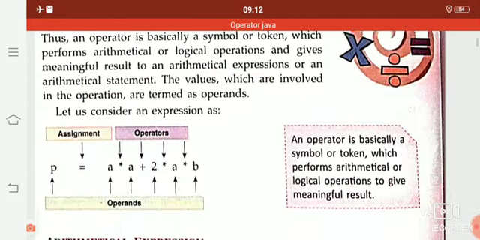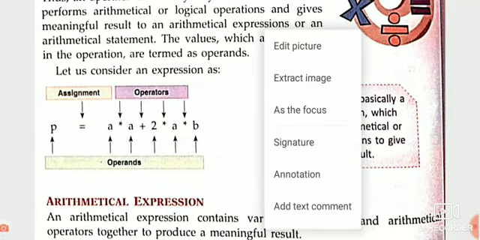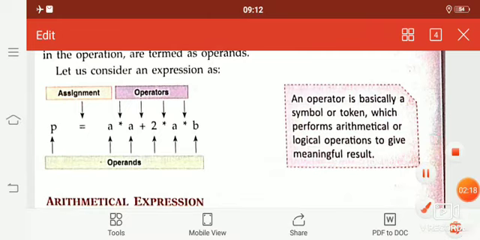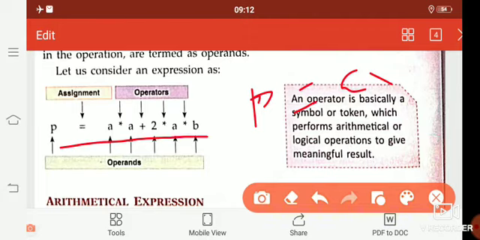The values which are involved in the operations are termed operands. Like in this statement, suppose p is equal to a into a plus 2 into a into b.